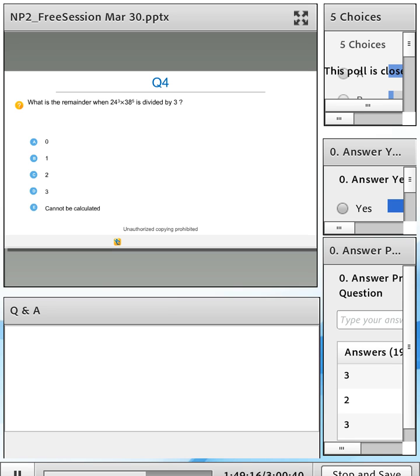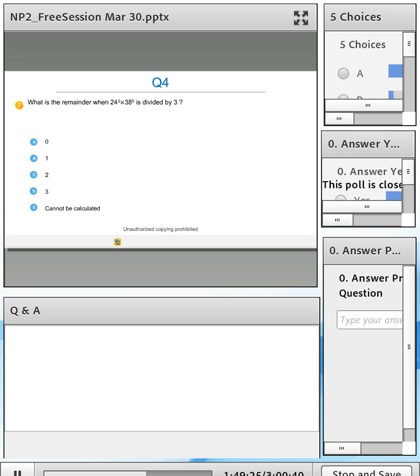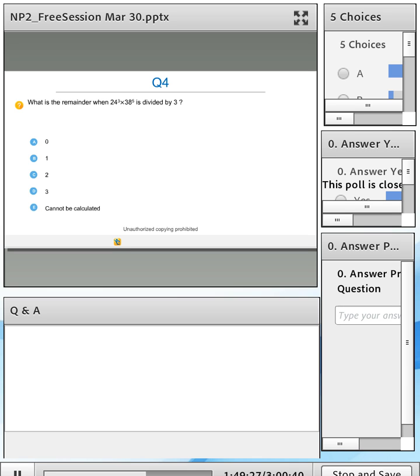Okay. So what's the method that you guys used to solve this question? Cyclicity, sequence 2, sequence 1.